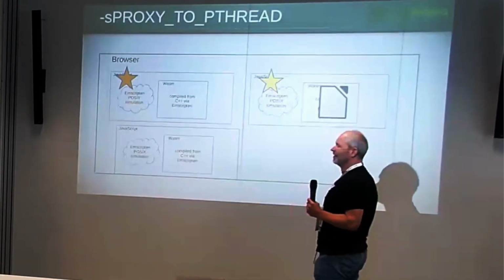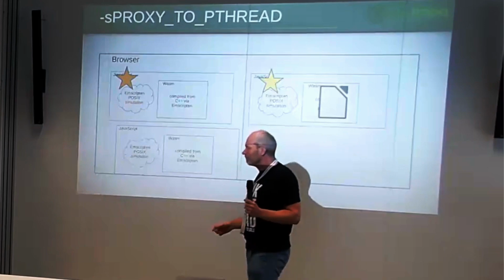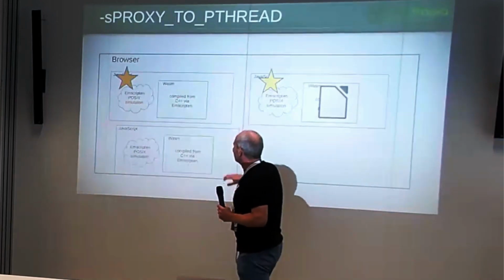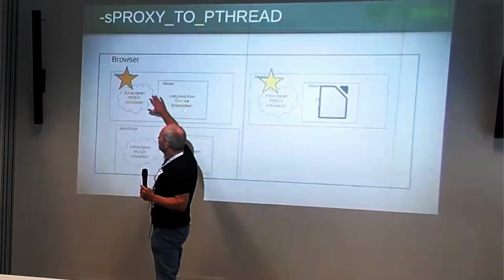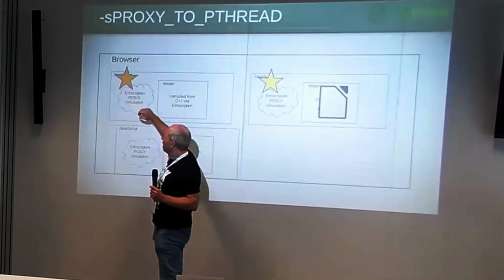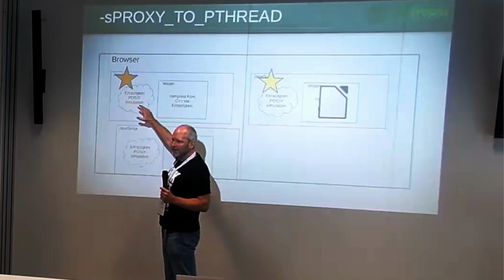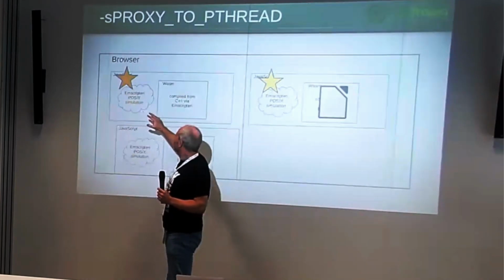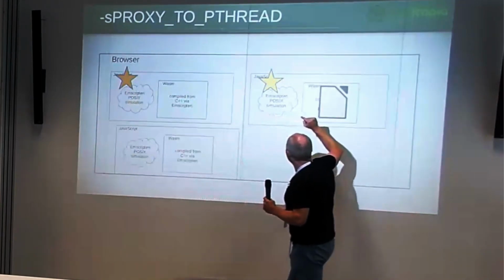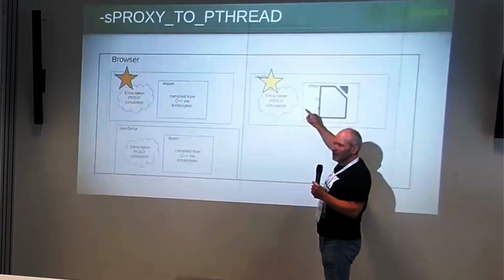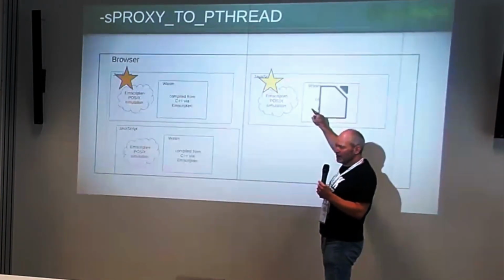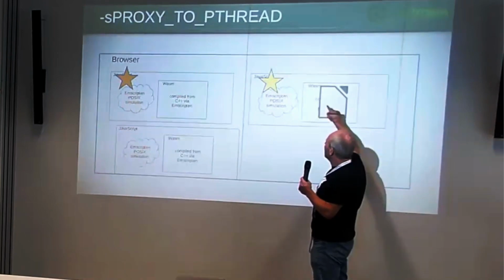So the trick there is one more thread. We have the browser main thread. This one just calls the browser event loop and then does nothing. And then we have a second thread which runs the LibreOffice code.